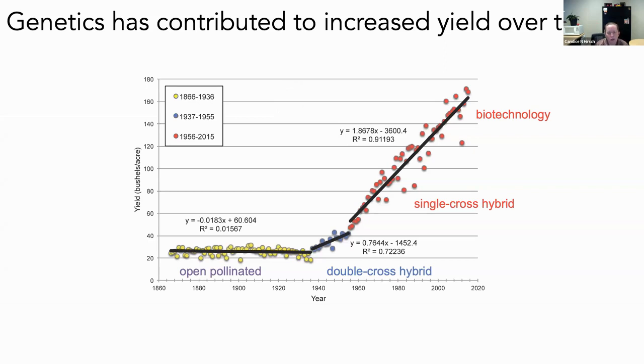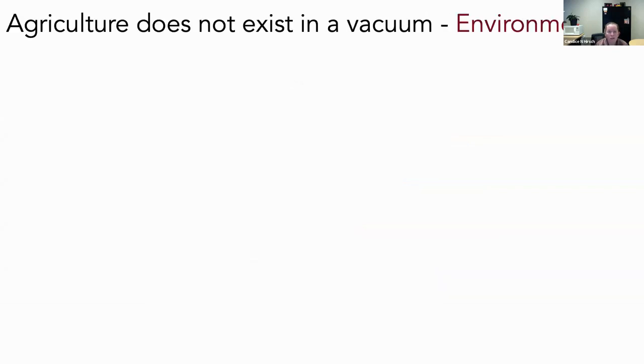It's a large contributing factor, definitely not the only one. As varieties have been selected over time for improvement, there have been changes to their genetic content, and this has driven yield increases along with other factors such as the environment.